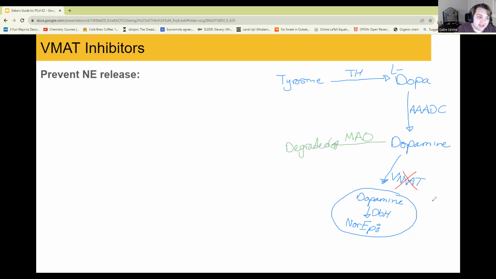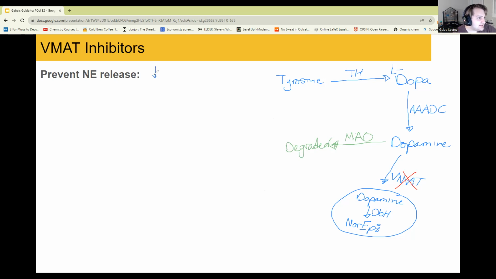So if you inhibit VMAT, all that dopamine the neuron is trying to create immediately gets destroyed. To prevent dopamine from being destroyed by MAO, it needs to get through VMAT. So VMAT inhibitors are going to prevent norepi release.